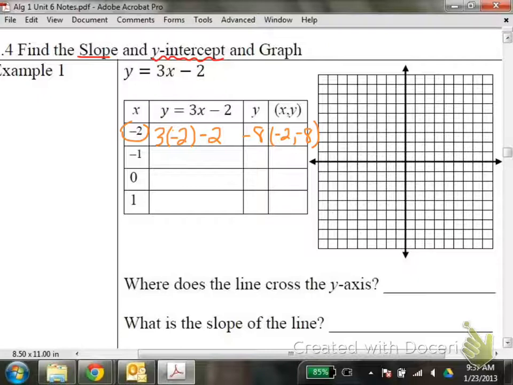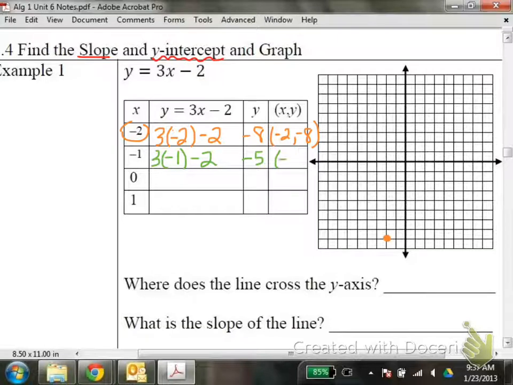So negative 2, 1, 2. Negative 8 would be here. What is negative 6 minus 2? Next one, this would be 3 times negative 1 minus 2. 3 times negative 1 is negative 3. Minus 2 is negative 5.